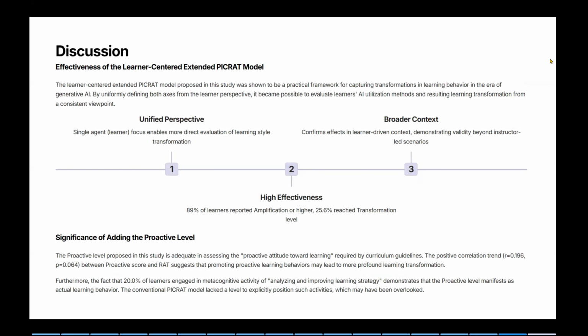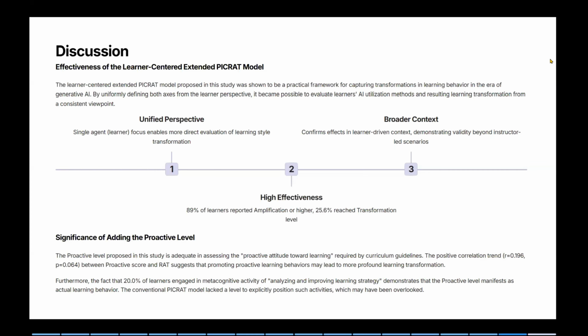What does this result mean? First, our learner-centered model works. It captured how students use AI for learning. 89% of the students showed learning improvement. Second, the proactive level is meaningful.